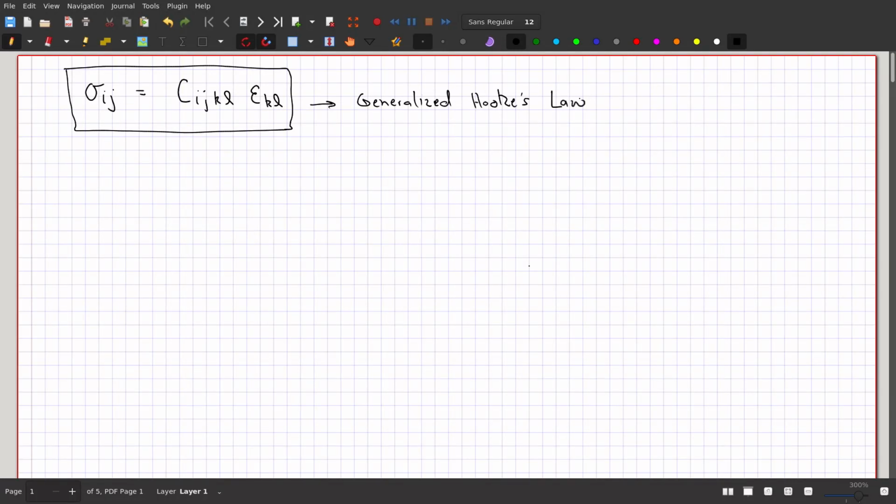And so, this is a tensor equation. Sigma ij is the stress tensor. Epsilon KL is the strain tensor. And C ij KL is the generalized elasticity tensor.